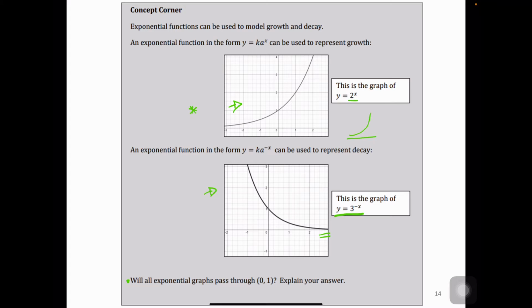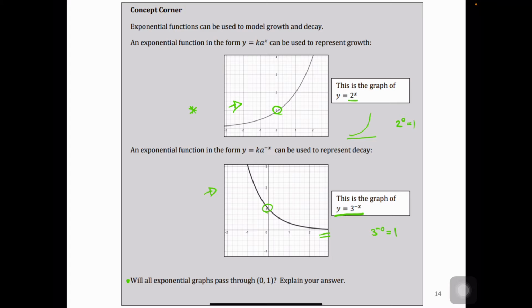Here it says, will all exponential graphs pass through 0, 1? Explain your answer. Well, unless it's being transformed, then yes, because 2 to the 0 is 1. 3 to the negative 0 is also 1.